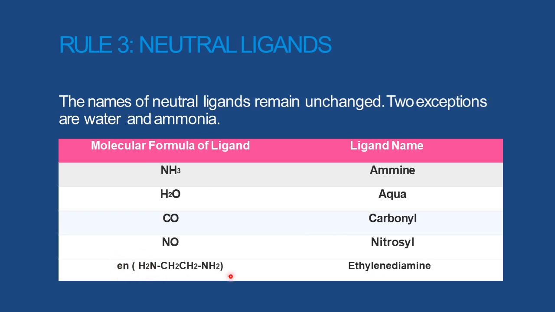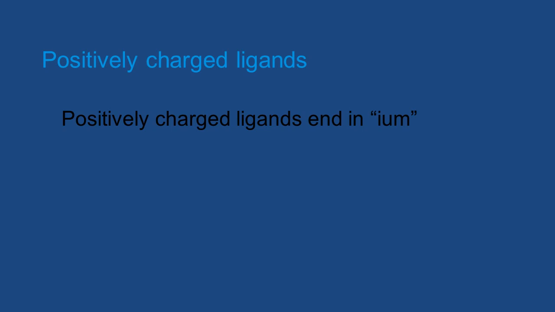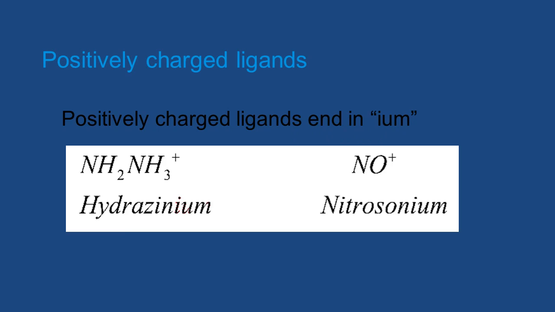Students, positively charged ligands end in IUM. For example, NH2NH2 is hydrazine, but when hydrazine takes up a proton, it gets a positive charge. So it becomes NH2NH3 plus, and if it is used as a ligand, the name is going to be hydrazinium.